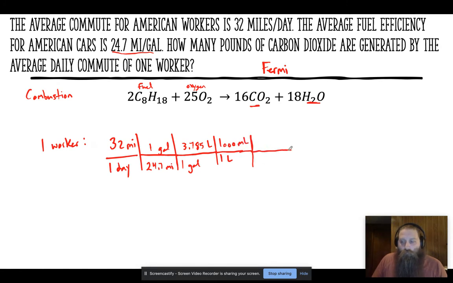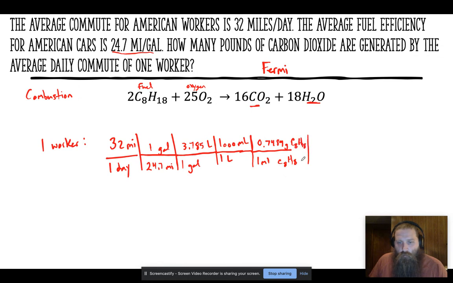Keep going here. And 1 milliliter of gas, C8H18. I looked up the density to find this. Give me the grams, 0.7489 grams of C8H18.